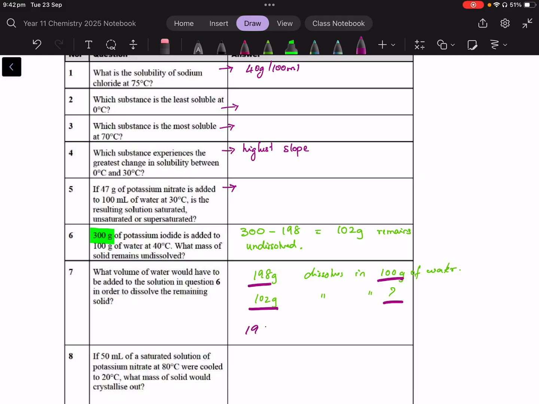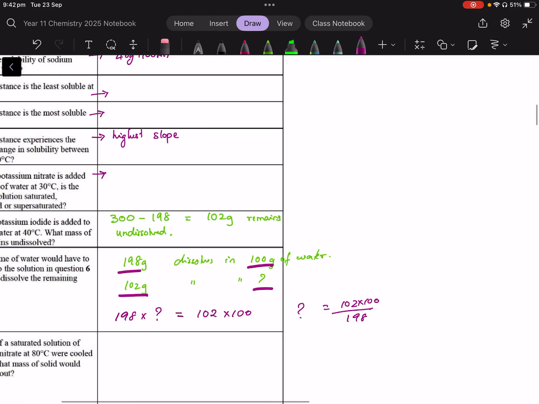So 198, I'm going to leave it multiplied with the question mark, should be equal to 102 times 100. So it's cross multiply and equate. So with the 100, you should be able to calculate the value of the question mark, which is 102 multiplied by 100 divided by 198.